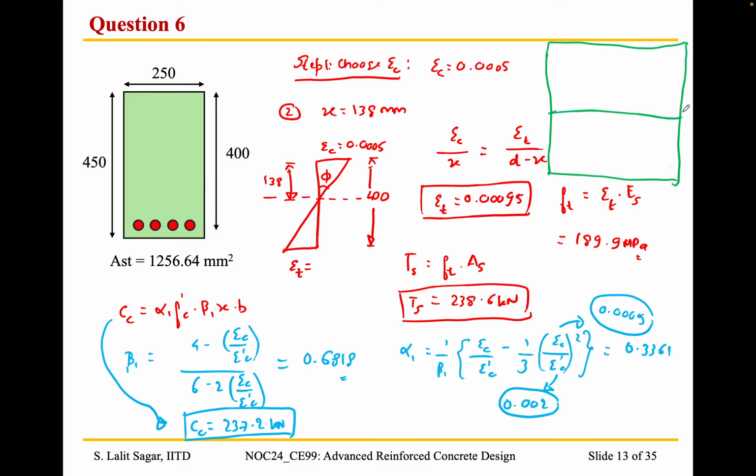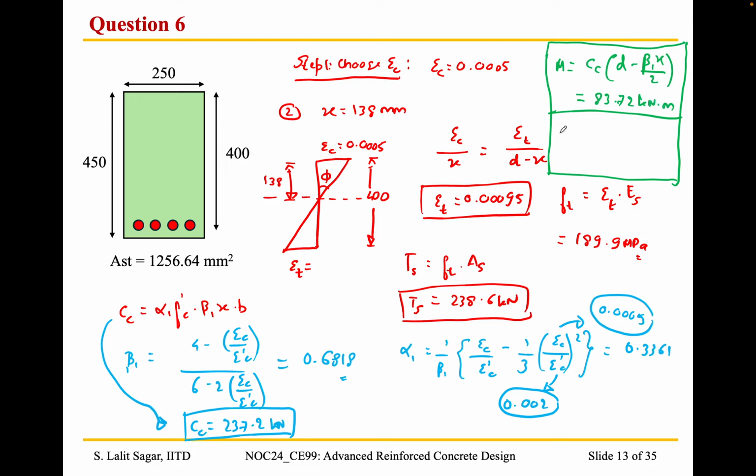Okay, so M is given by Cc into (d minus beta 1 into x divided by 2). So we are going to multiply the compressive force with the lever arm, which gives us a value of 83.72 kilonewton meter.